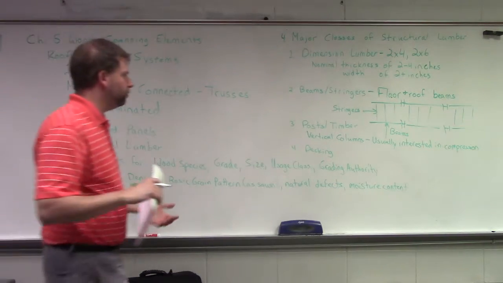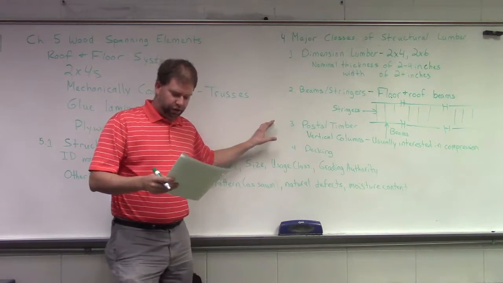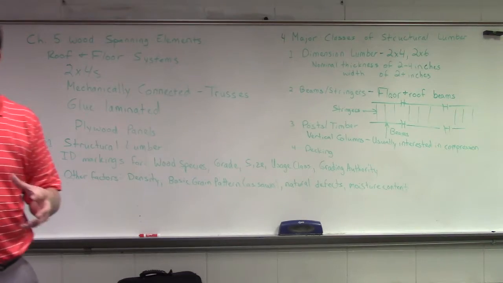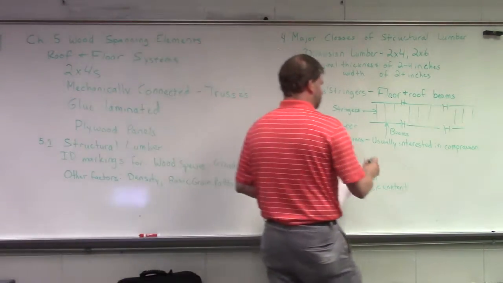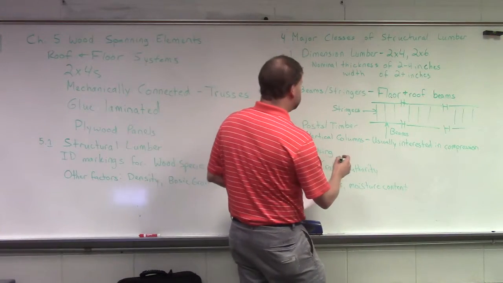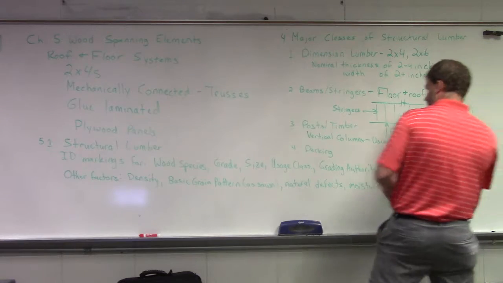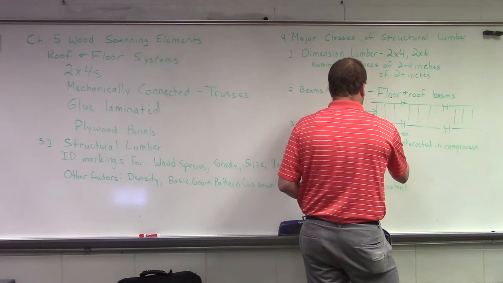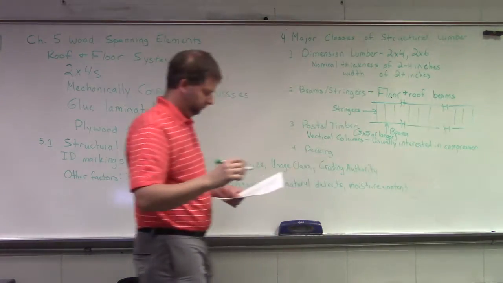Is it trying to shear anything off on those bearing ends? We aren't typically too concerned about bending with our posts, just because of how robust they are. Typically 5 by 5 or larger.